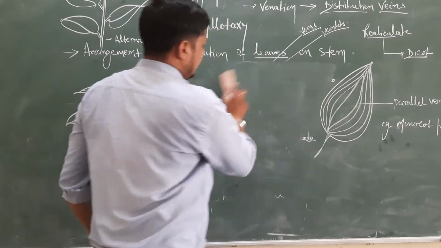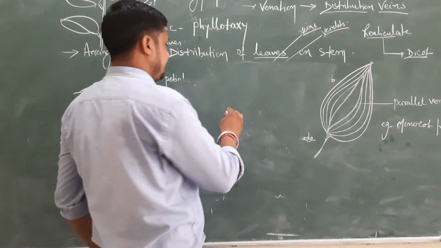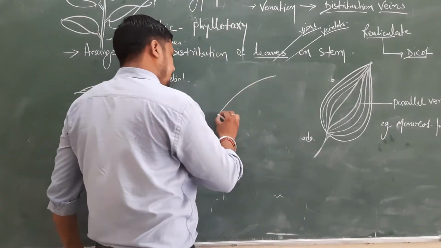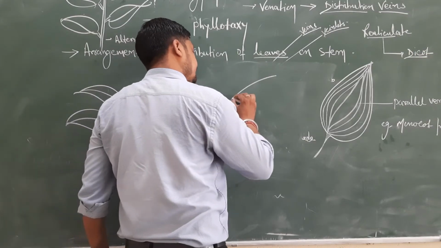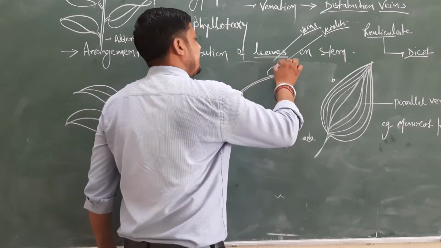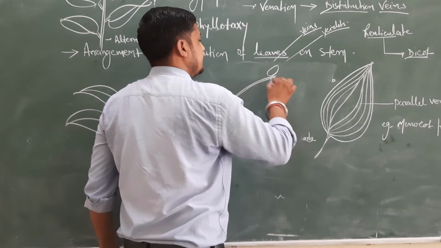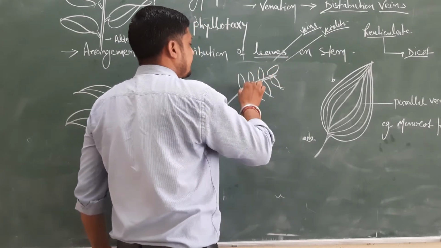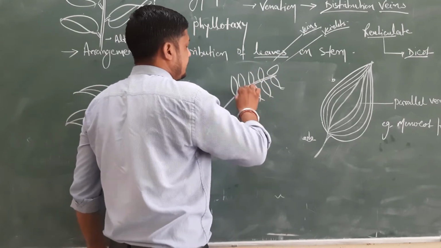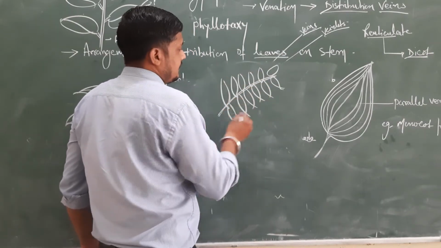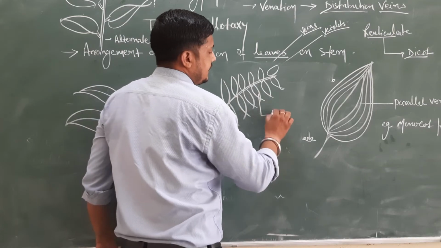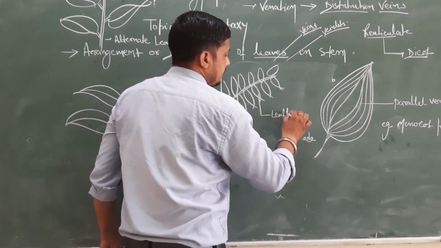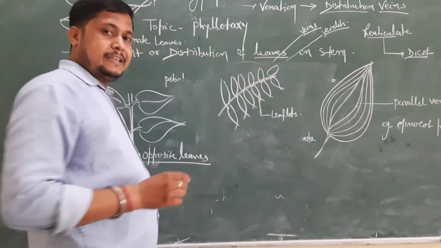When you look at the leaves of the neem plant, there is a midrib like this, and there are certain small leaves like this. You cannot call these leaves, beta. These are called leaflets.